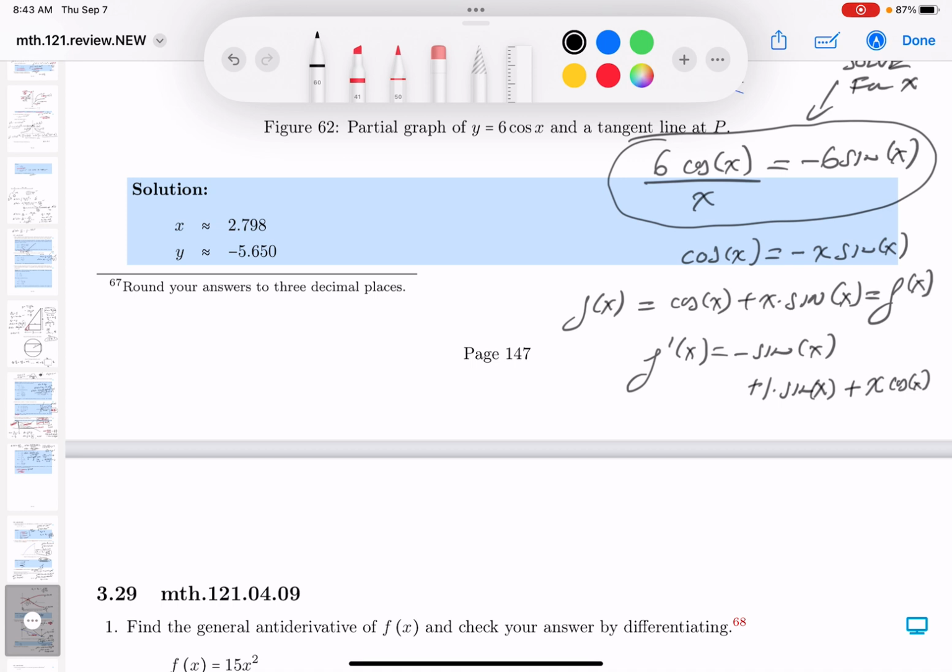I want to neaten it up a little bit. f of x is equal to cosine x plus x sine x. Let me see if I copied that right. I did. And f prime, I just did that. What's nice about that is the signs disappear and we're left with x cosine x.